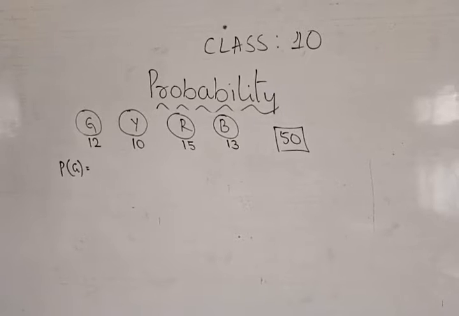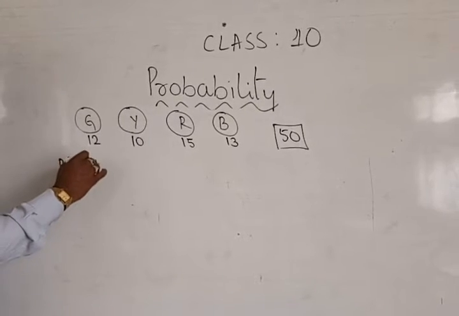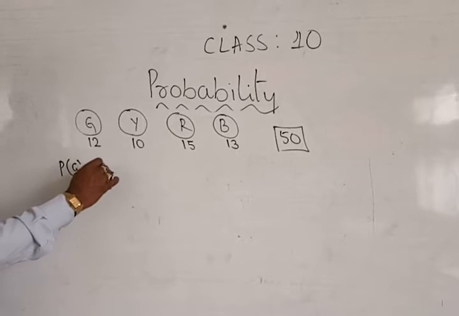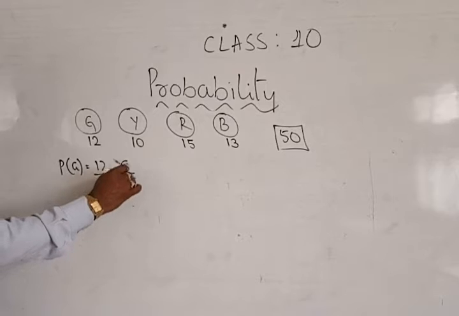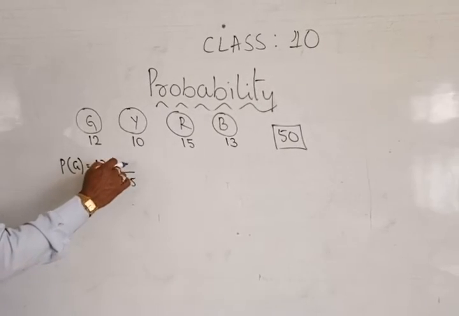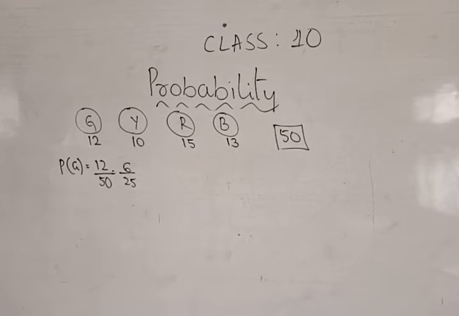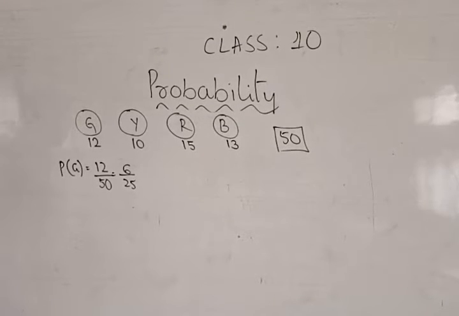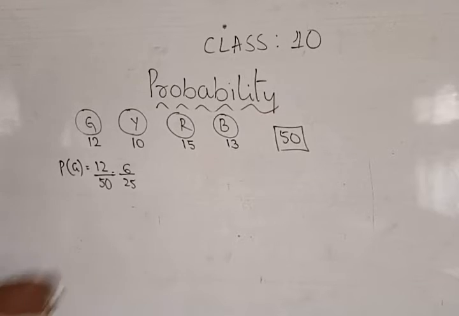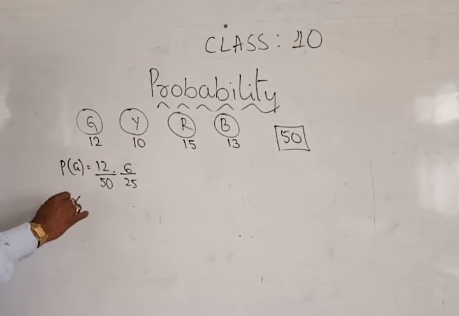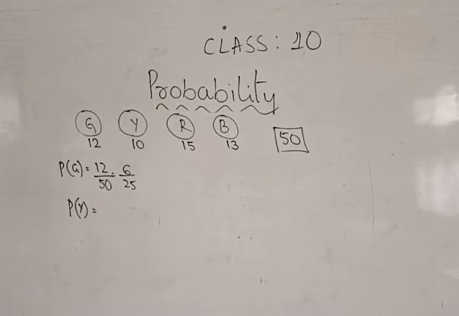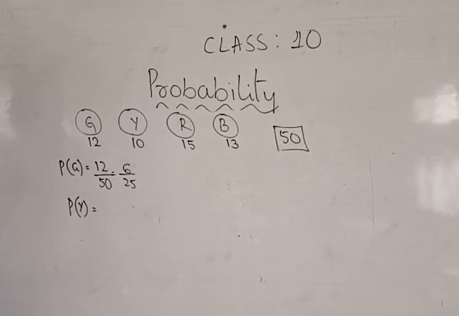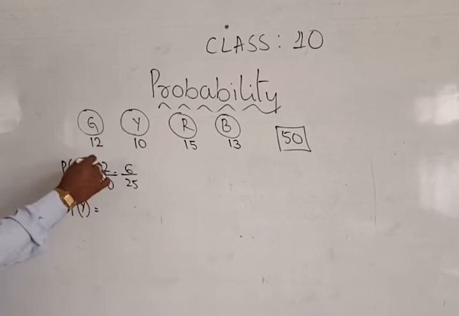The first question, probability of green marbles. Probability of green marbles means what? How many green are there? 12 out of 50. Therefore, divide by 2, it is 6 by 25. Next, probability of yellow.